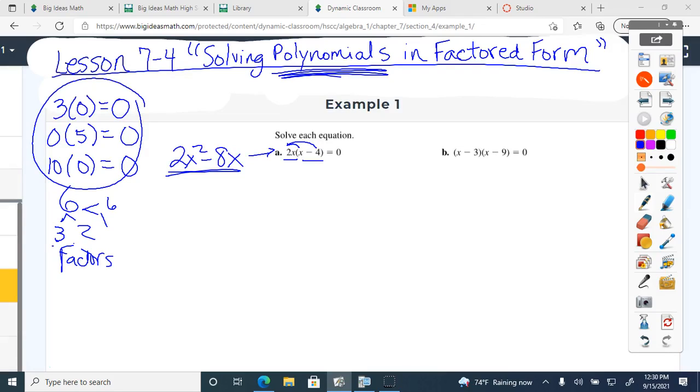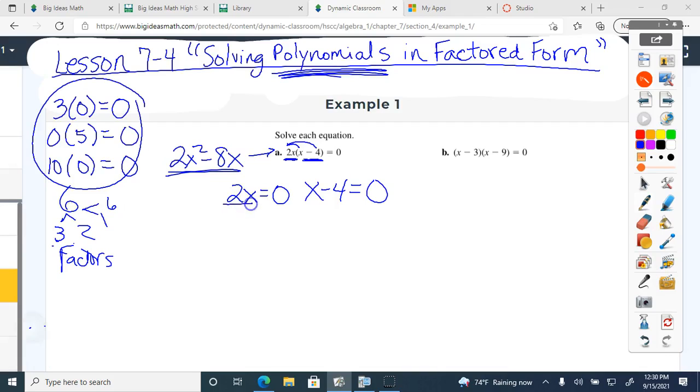So what we're going to do to solve these is take each factor and set it equal to 0. So this is one factor, so 2x equals 0. And here's the other factor, x minus 4 equals 0. And you set both of those equal to 0 because we don't know which one is equal to 0, right? So we have to figure out all the possible answers for what x could be for this whole thing to be 0.